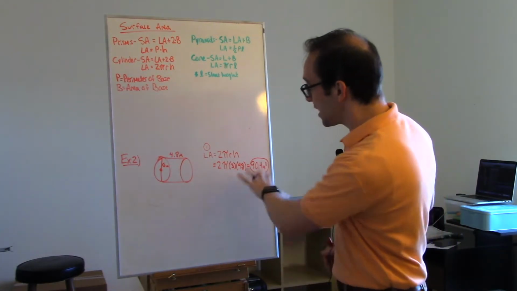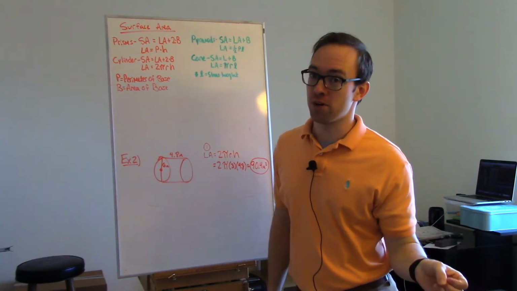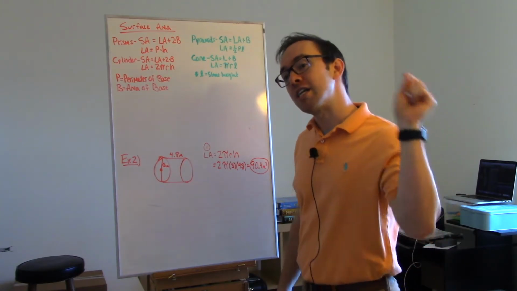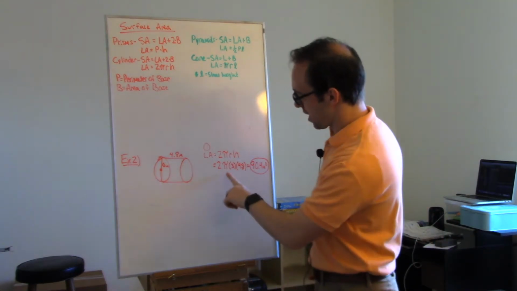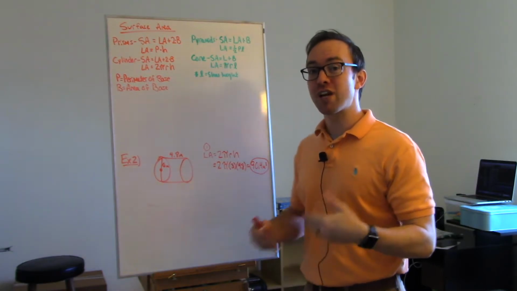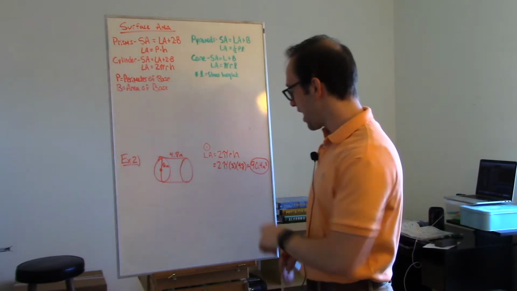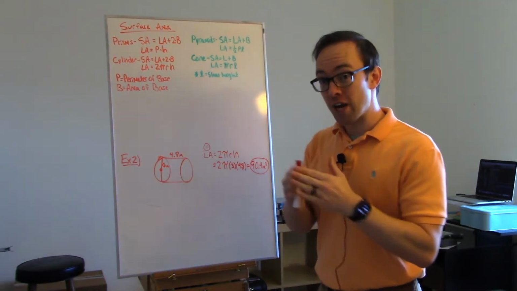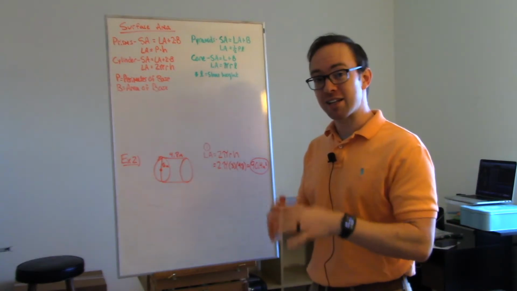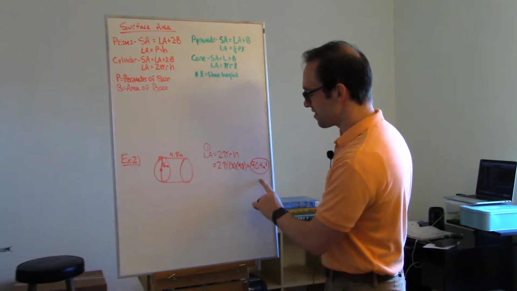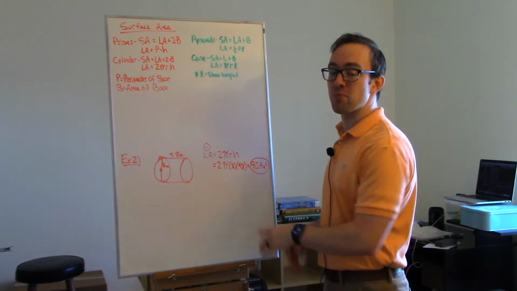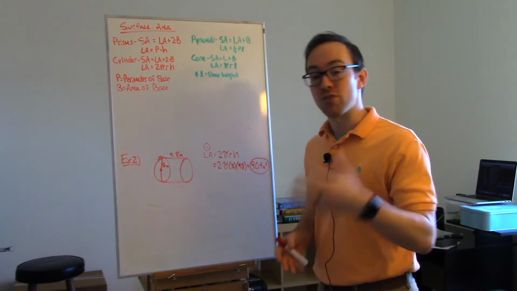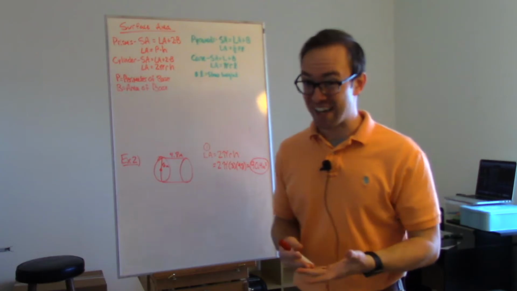So what I did here was I used 3.14. If you plugged in the pi button, you're going to have a little bit of a different answer here. I want you to see how that works. Your answer, if you use the pi button, is technically more precise than this answer. This answer is more of an approximation. For this assignment, I will accept either way.